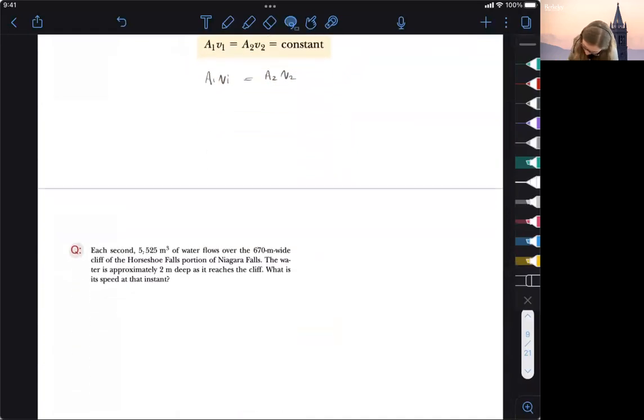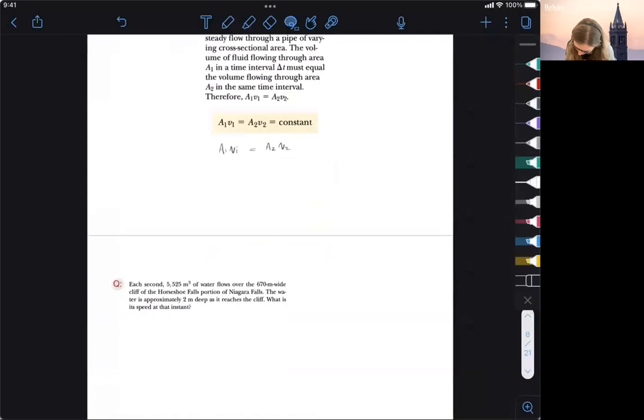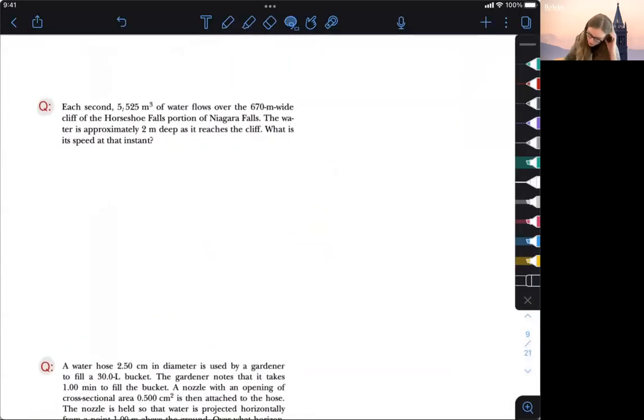Okay, so let's do an example for a couple of these. We have a Niagara Falls example. It says each second, 525 cubic meters of water falls over a 670 meter wide cliff for Niagara Falls.